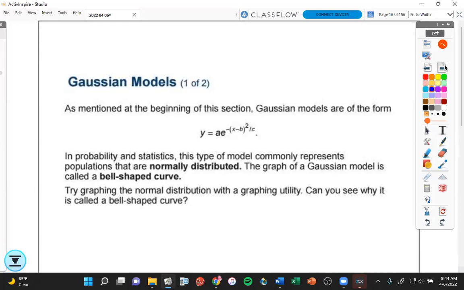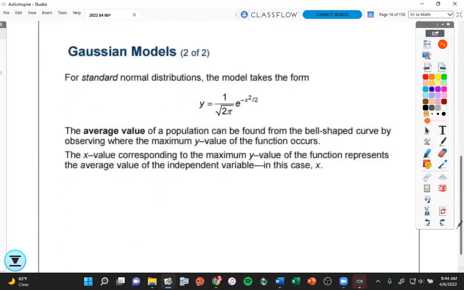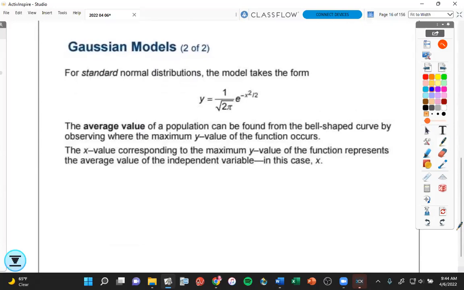Can you see why it's called a bell-shaped curve? I can't do the divided by C, so we can't really look at that in the calculator right now. For standard normal distribution, the model takes the form 1 over the square root of 2 pi, e to the negative x squared divided by 2.